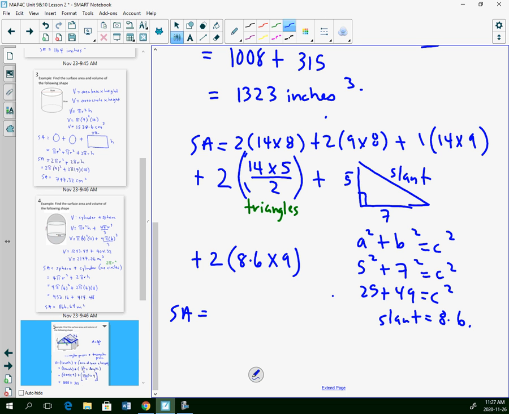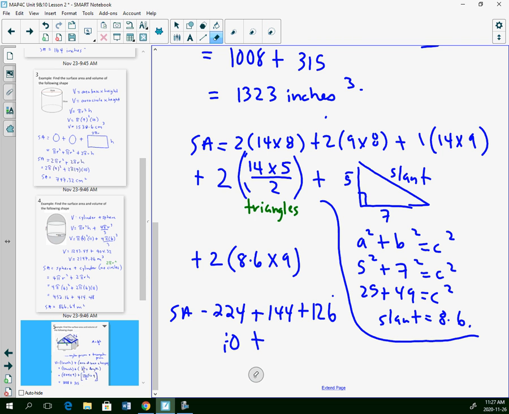So we have two sides that are 8 by 14, so that's 224. We have two sides that are 9 by 8, so that's 144. We have one side that's 14 by 9, okay? And then we have the two triangles, and that works out to be 70.